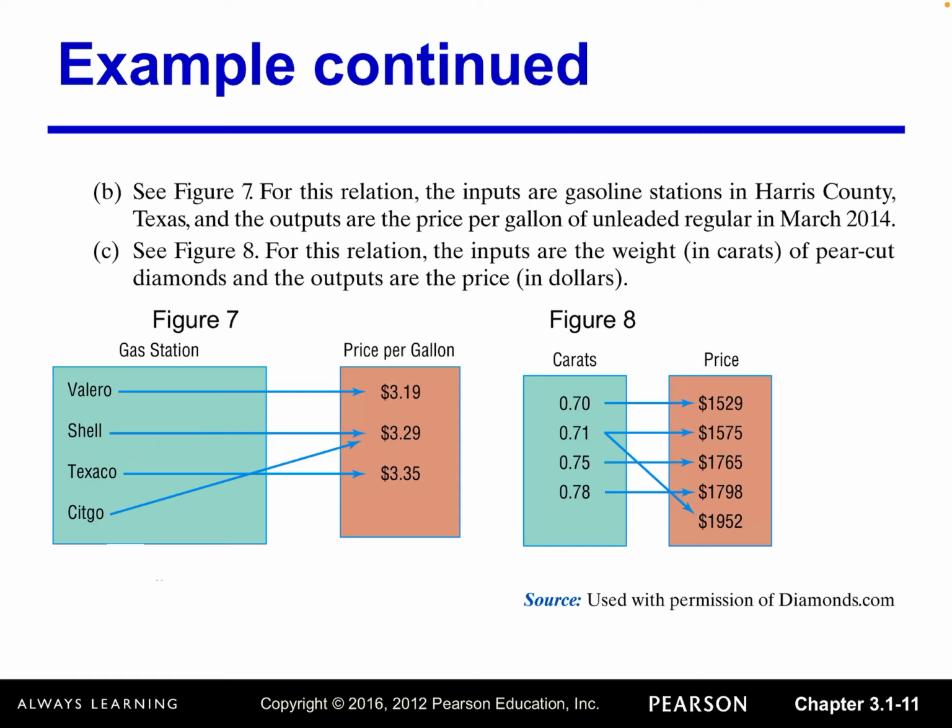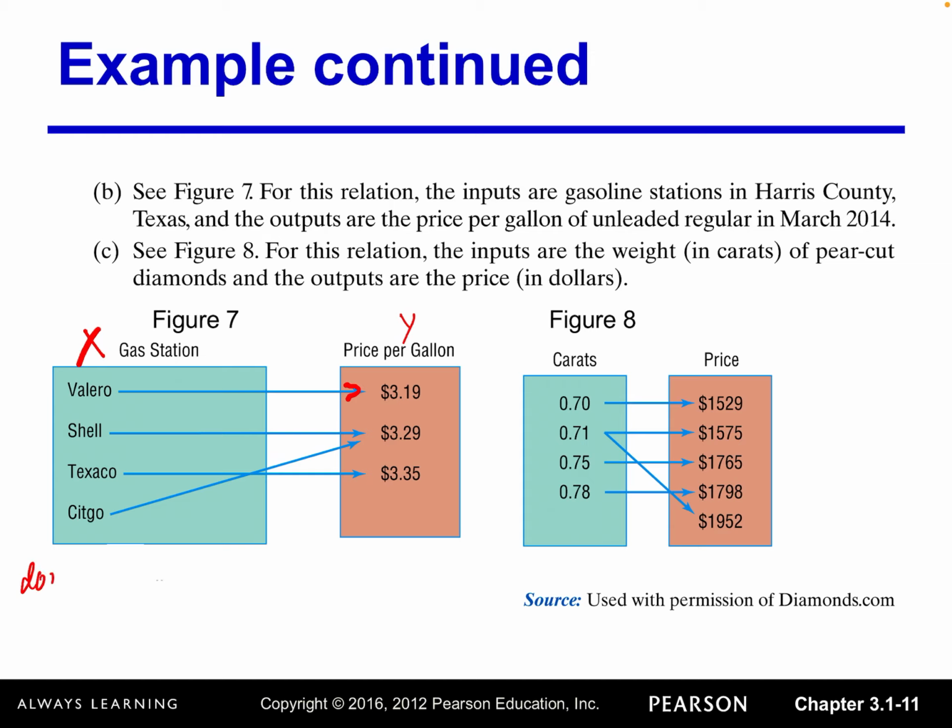So let's look at figure 7. The left hand side is the gas station, that's x, and the price per gallon is y. We can determine x and y because the arrow points from x to y. Let's find the domain and the range first.